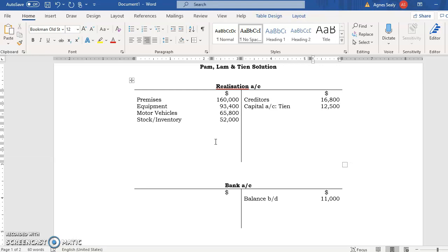The next accounting entry that we have to look at on the dissolutions, but remember that when the partnership is being taken over by a company, the same accounting entries that we would use for dissolving a partnership are the same accounting entries that we would use, because we have to close the partnership business first.